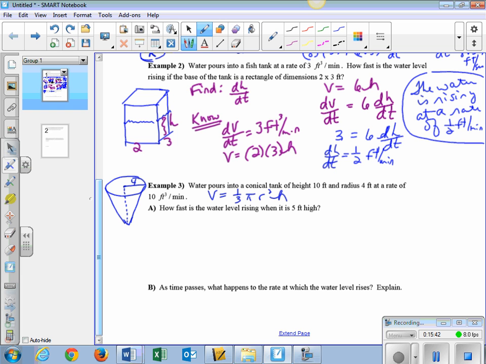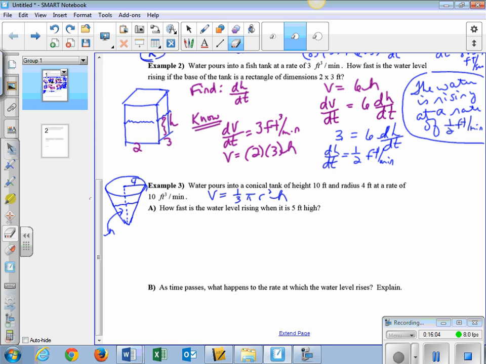We know that height is 10, so the whole thing is 10. And I have water coming in here, so let's draw some water. I don't know how high that water is. This one right there is going to be h, and the height of the whole cone is 10.